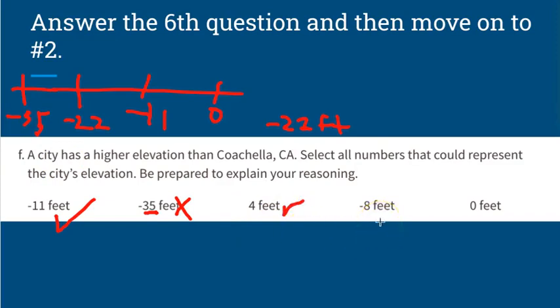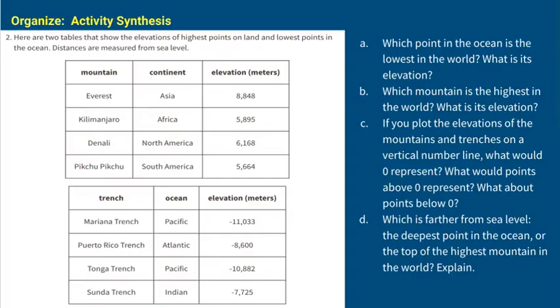What about negative 8 feet? Again, it's going to be to the right of negative 22, so it definitely is too. And what about 0? Yeah, 0 is kind of the basis point for figuring all these out, so it is definitely above. So really only the negative 35 feet is going to be lower in elevation than any of these others.